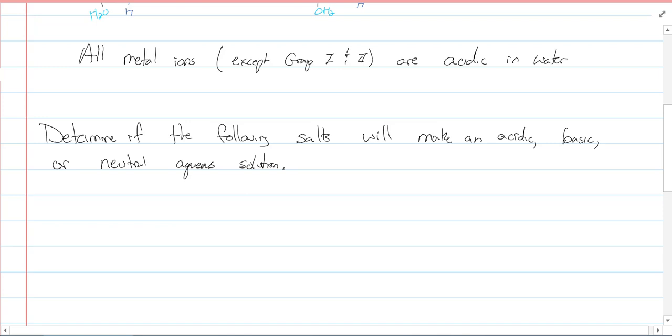So we're going to make it acidic, basic, or neutral. A, potassium chloride. Will potassium chloride be acidic, basic, or neutral? Our ions, K+, Cl-. Are they on the no hydrolysis team? Yes. KOH, strong base, HCl, strong. So these are strong, and strong would be neutral.